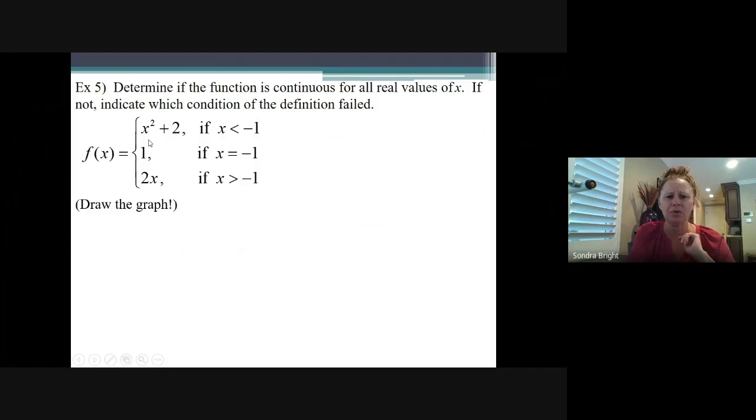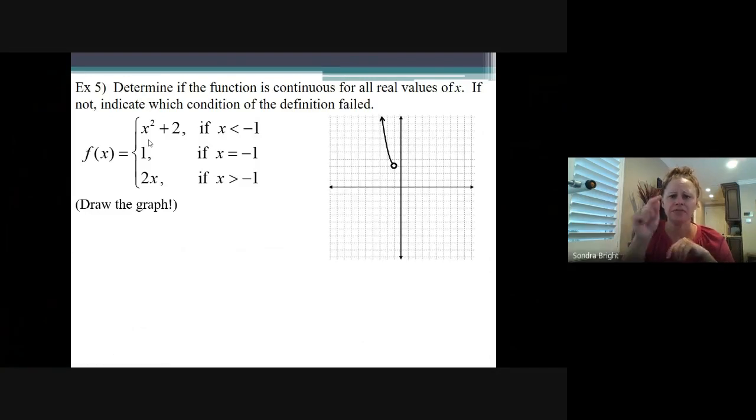So you could do a table, or you could draw the full parabola, the vertex would have been right there at 0, 2, and it would have come back up. But it's only defined for when x is less than -1, which is why I've got an open dot right there, and then it's just to the left.